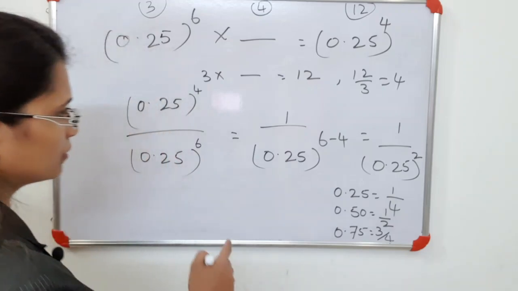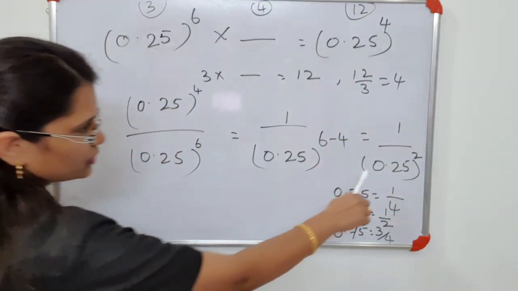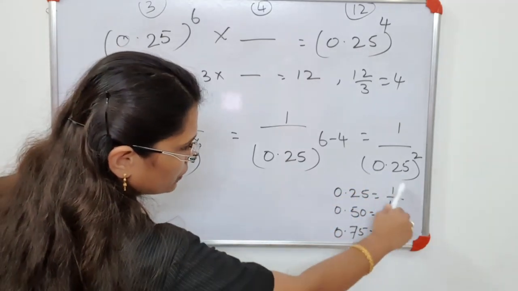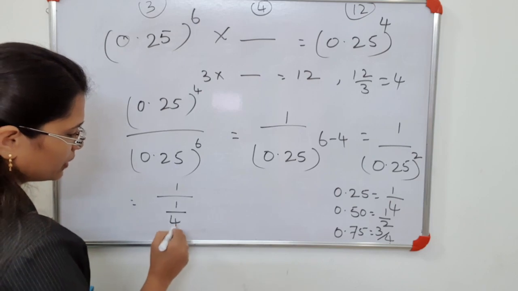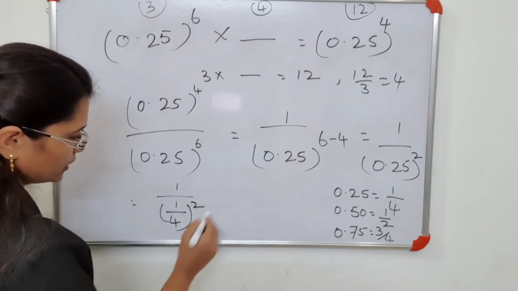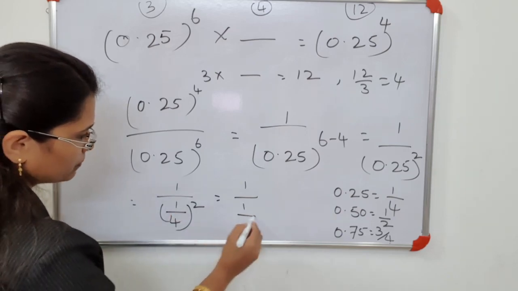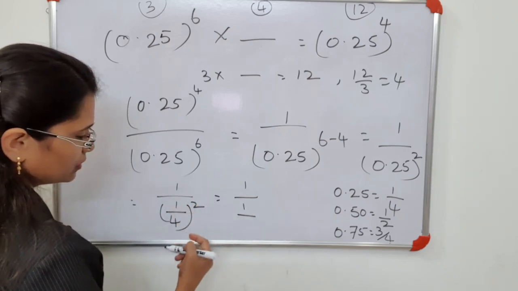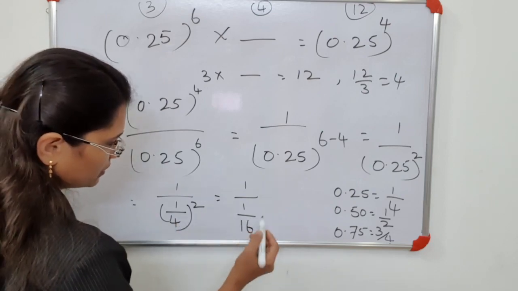Okay. So 1 by 0.25 whole square. Instead of 0.25 we are going to write 1 by 4. So it is 1 by 4 whole square, which is 1 divided by 1 into 1 is equal to 1, 4 into 4 equal to 16.